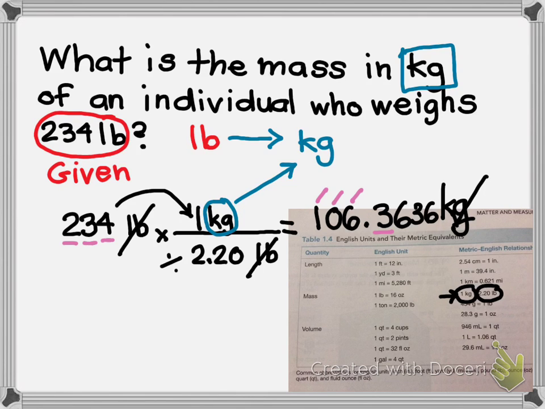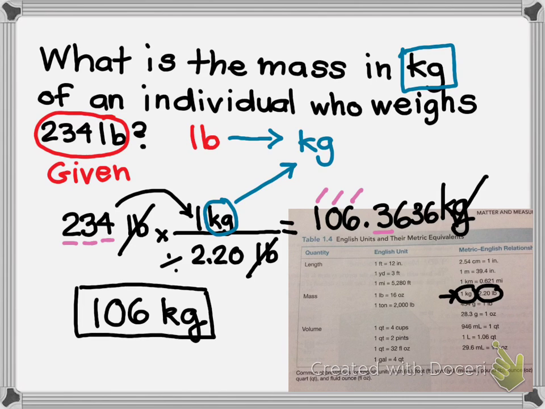So I would report my answer in significant figures as 106 kilograms. So if we go back and read the question, what is the mass in kilograms of an individual who weighs 234 pounds, then the answer to that question, the mass in kilograms, is 106 kilograms.